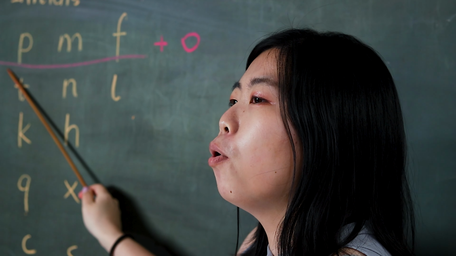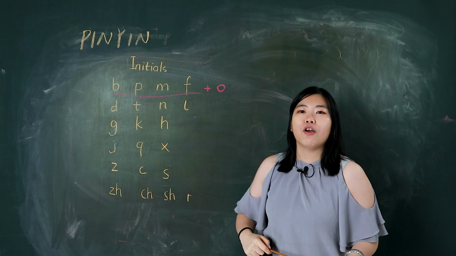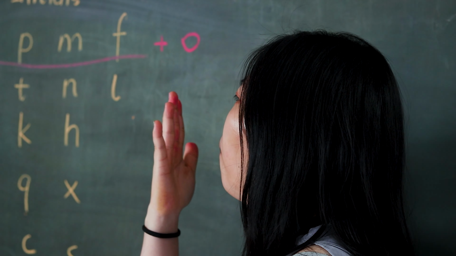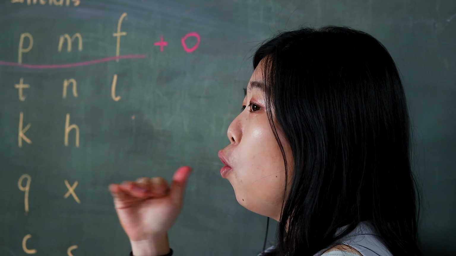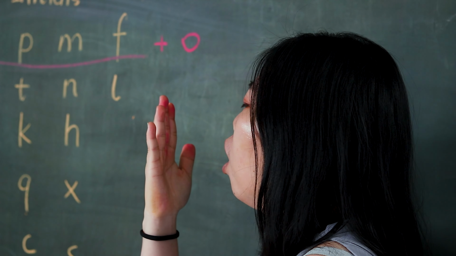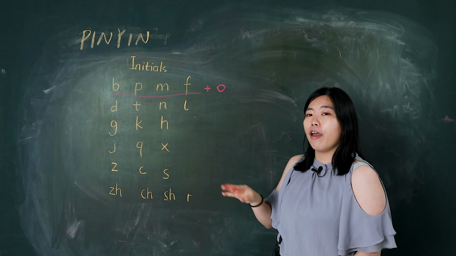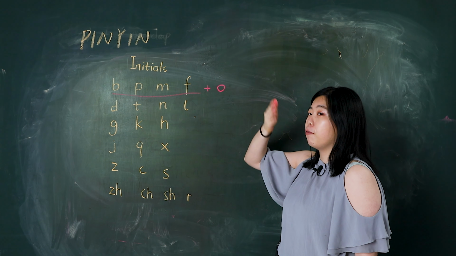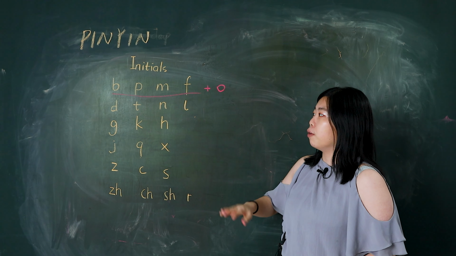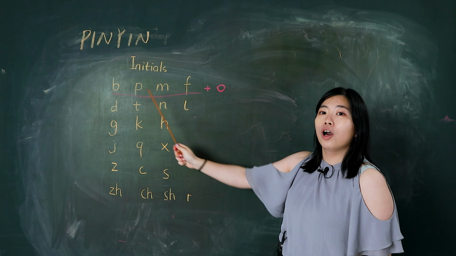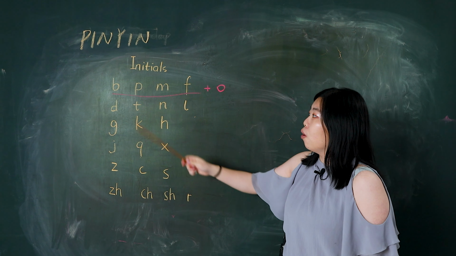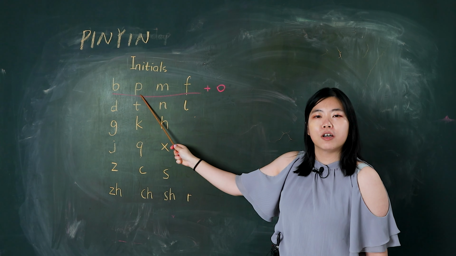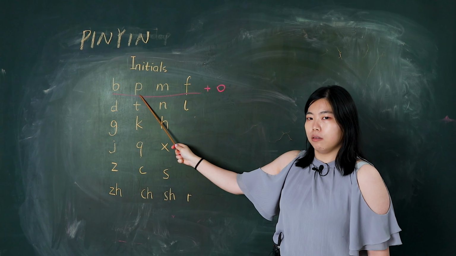If you put your hand before your mouth, you will feel bo, bo is normal, and po, po has strong air flow out. If you put a tissue before your mouth, when you pronounce po, the tissue will fly. So when you pronounce this one, take a deep breath first and hold, then open.